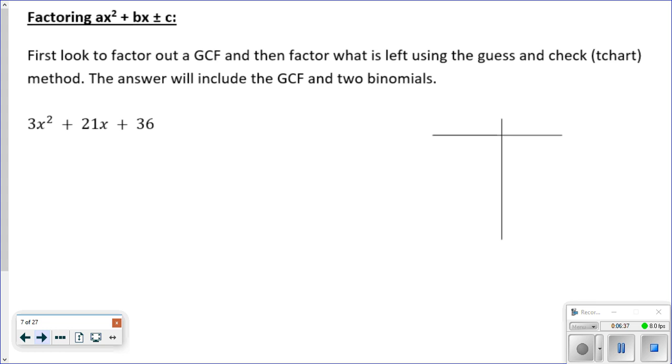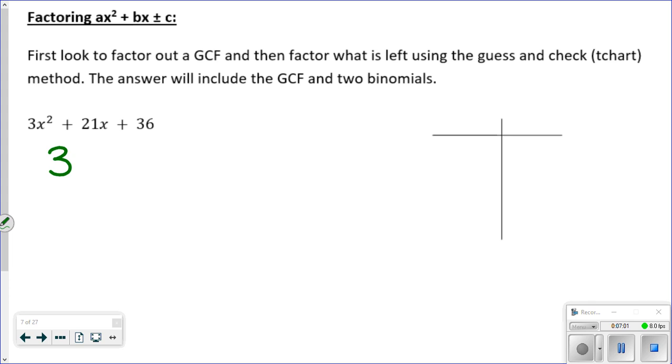Okay, so if we're looking at this first one, you should find this on your note sheet. Think, what is the greatest common factor? What can we factor out or pull out? What goes into 3, 21, and 36? They're all divisible by 3.